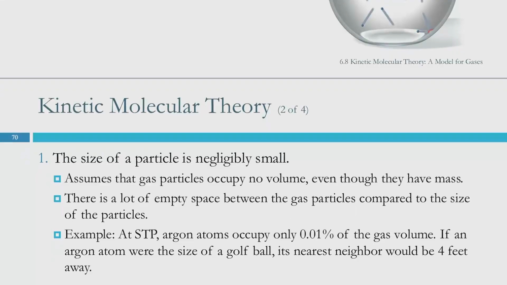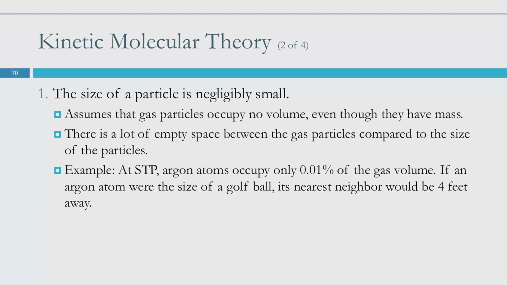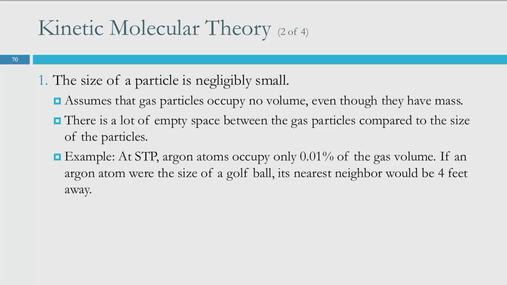So there's some points to our kinetic molecular theory that are important. The size of the particle is negligibly small. There's just a bunch of empty space is basically what we're saying here. So they've got room to travel before they run into another particle. They're not crammed so close together that they're constantly running into stuff. They're relatively spread out.